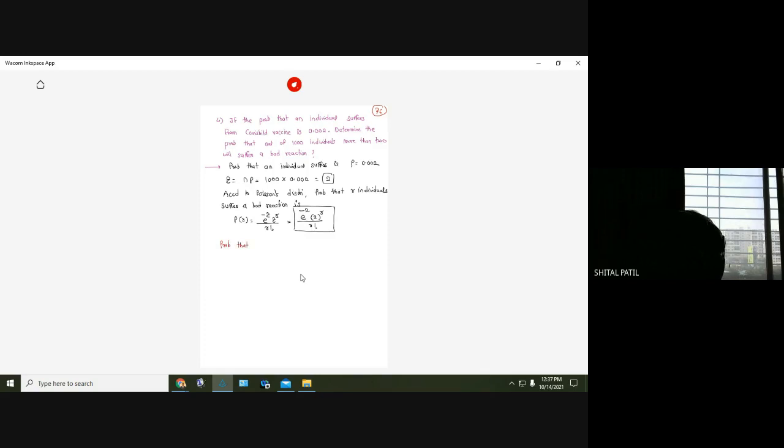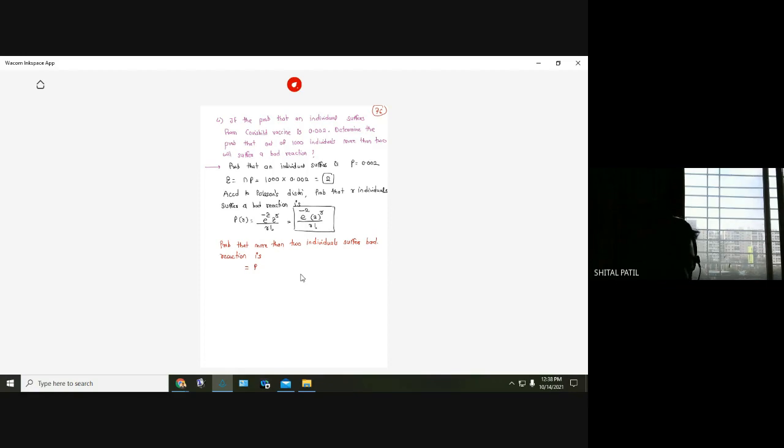Probability that more than two individuals suffer bad reaction is more than two.